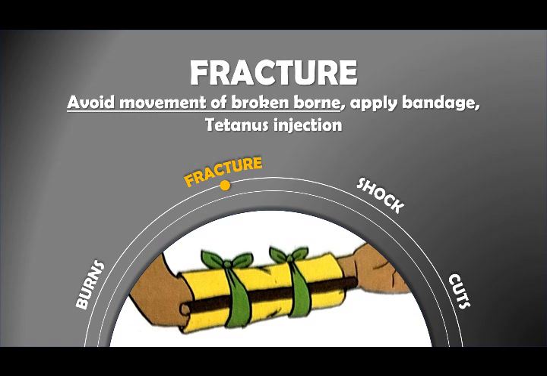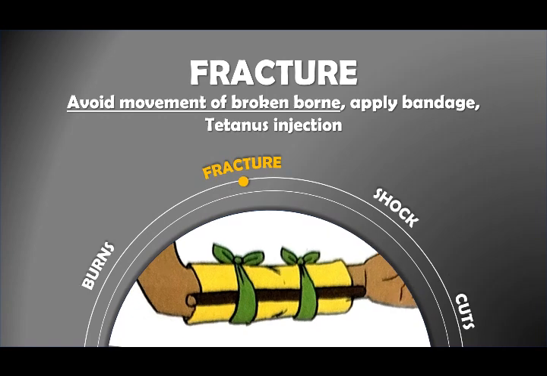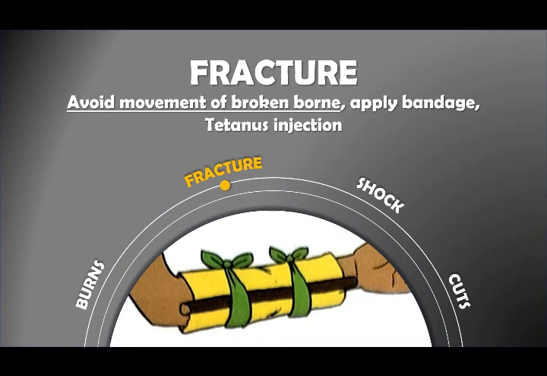So just apply a splint to the area above or below the fracture to help reduce the discomfort of the bend. Then apply bandage as shown in the picture, and seek a tetanus injection if needed. So that is it. A fracture, a broken bone.